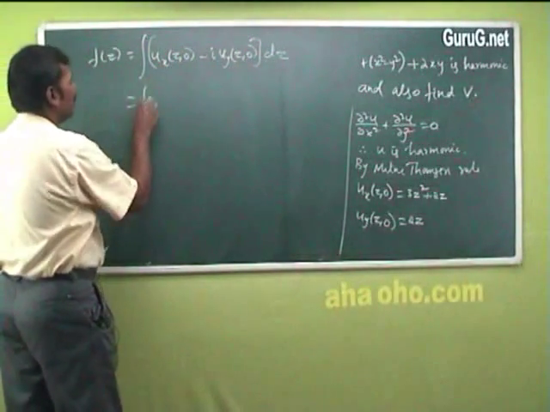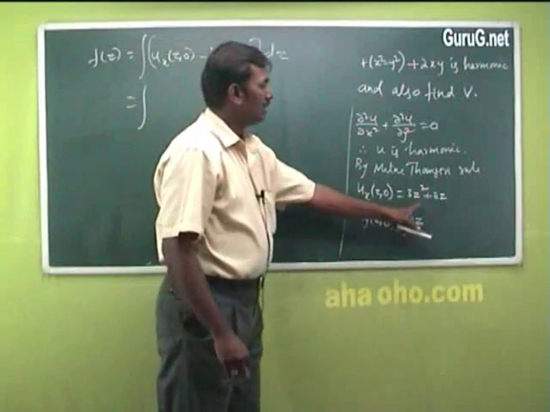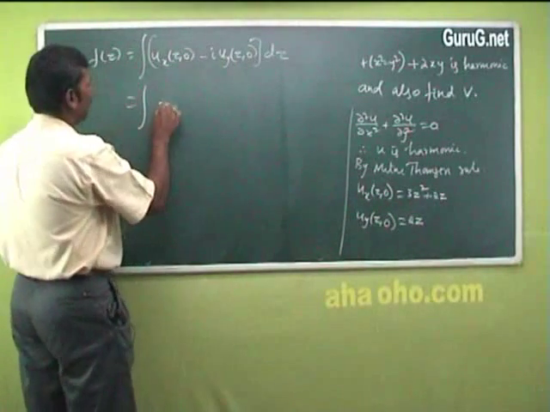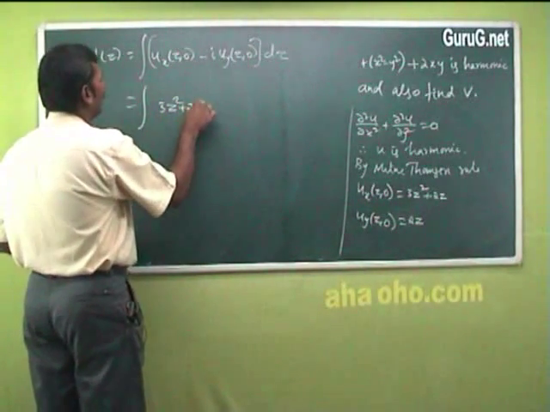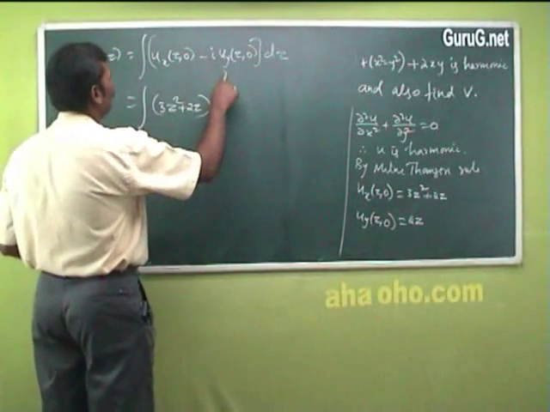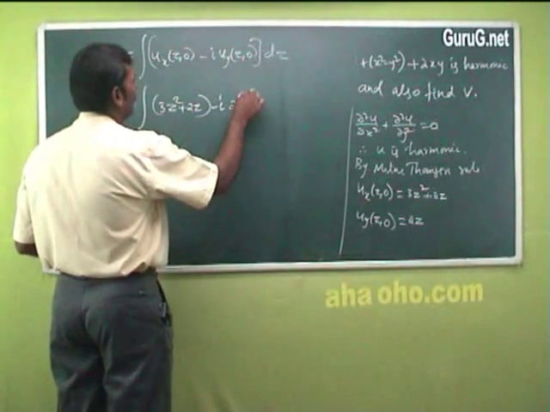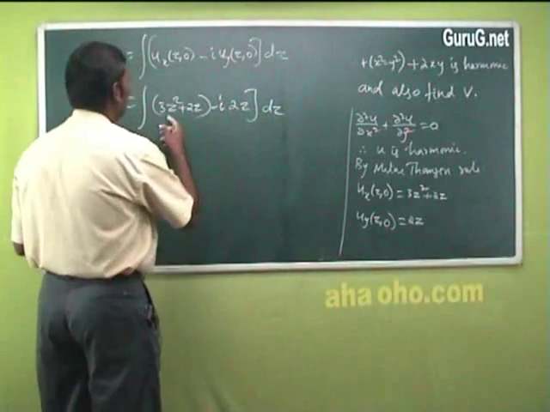Another integral: ux of z comma 0 is 3z squared plus 2z, minus i into uy, which is 2z, into dz. So integrate it.